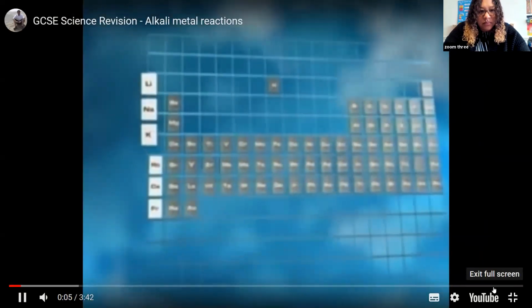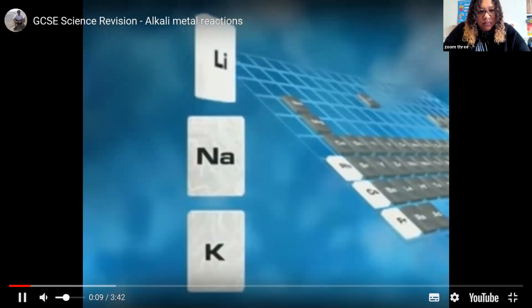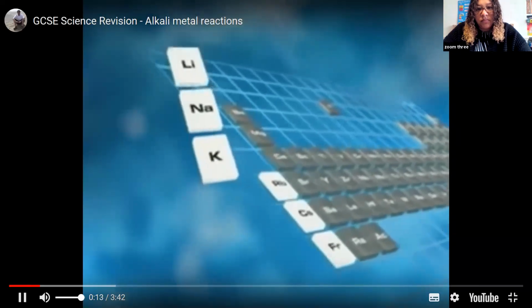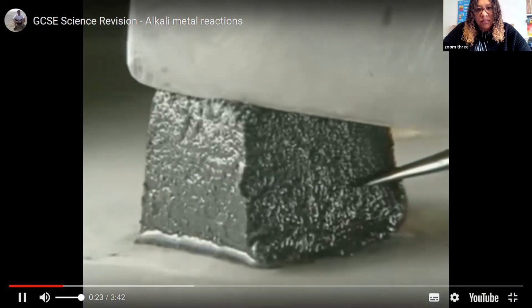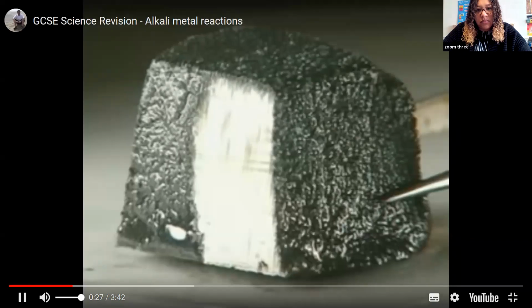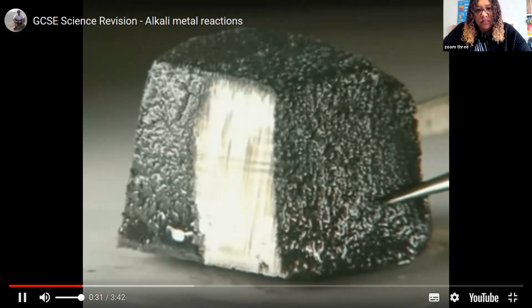Group 1 of the periodic table is a group of reactive metals. Lithium, sodium, and potassium are at the top. These metals are so reactive, they have to be stored under oil and need to be handled with care. Lithium is so soft, it can be cut with a knife. You can see how shiny the freshly cut surface is.